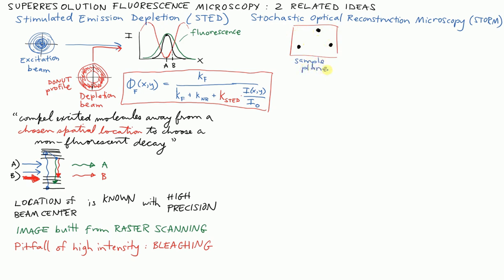And now, as we move forward in time, we are going to hit this with a dim activation pulse. And what I mean by that is that in this same field of view, a little time later, it's dim enough that most of the molecules in the sample plane don't absorb any light at all. They don't absorb even a single photon of light.